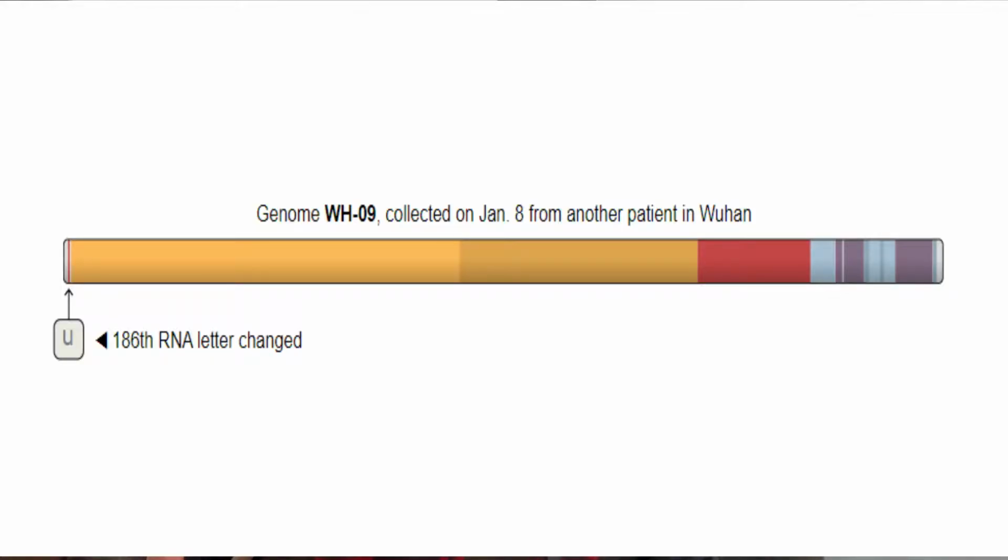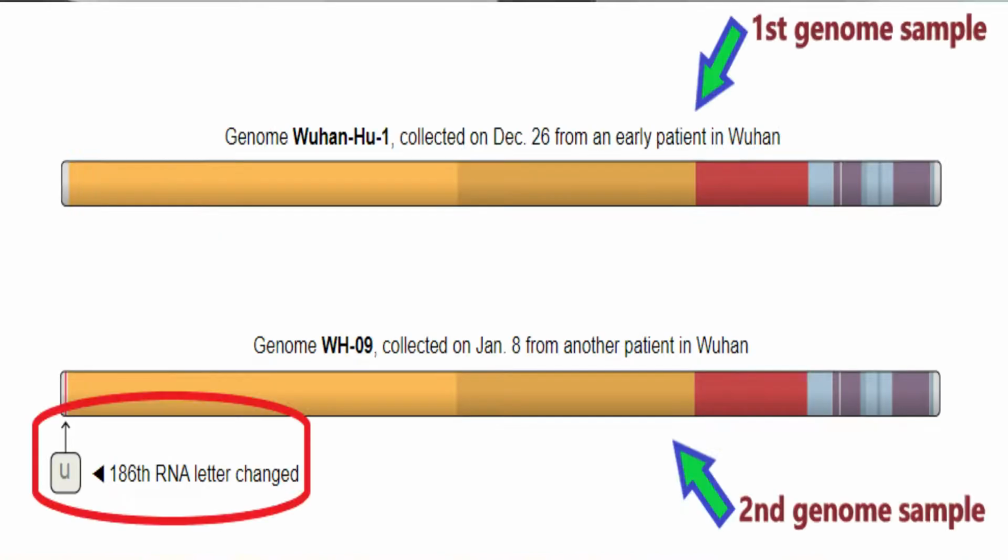As coronavirus spread from person to person, it randomly accumulated more mutations. This genome came from another early patient in Wuhan and was identical to the first case except for one mutation.